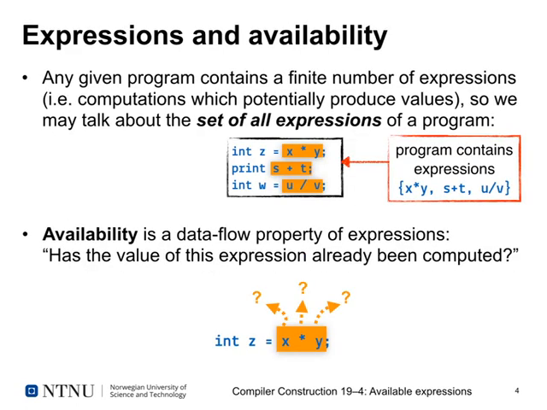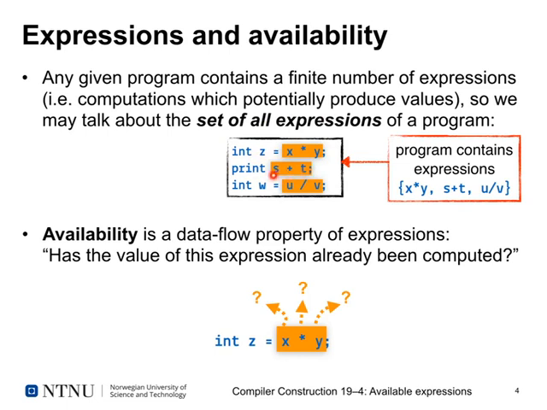Let's look at an example here. Any given program contains expressions, obviously a finite number of expressions, because programs are not infinitely long. These expressions produce values, and these values might actually be useful later on. So the first thing we are going to look at is the set of all expressions of a program. For example, here we have three expressions. We have x times y, which we assign to z.